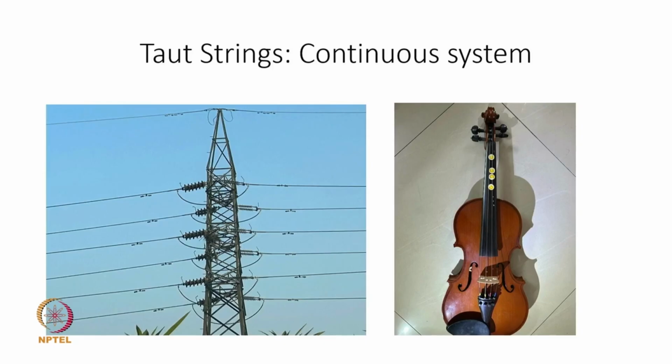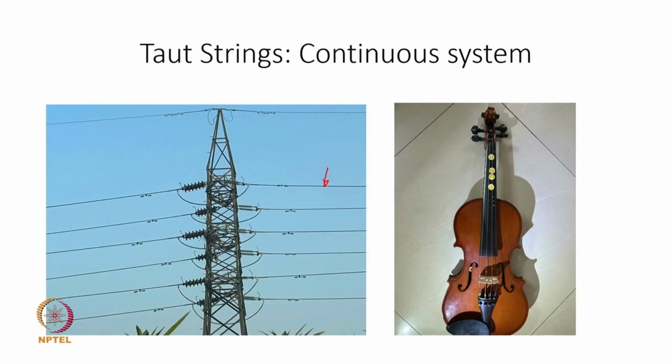The examples are transmission wires which are pulled and fixed at their supporting poles. These transmission wires are basically constant diameter long wires, stretched and held at their ends. Because of their own weight they get stretched, but they are essentially taut.